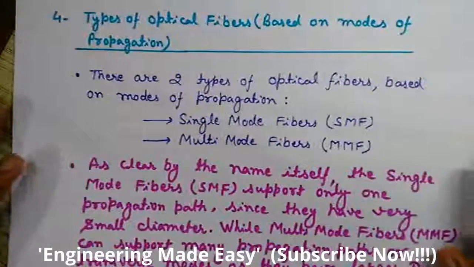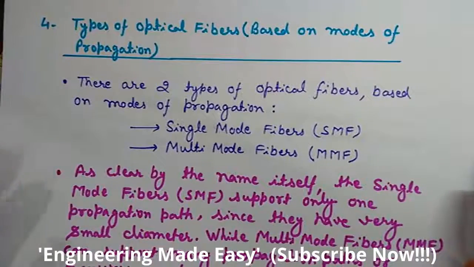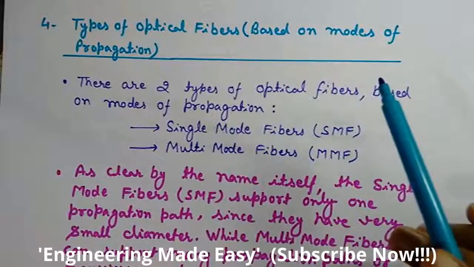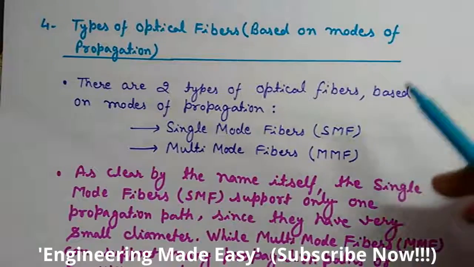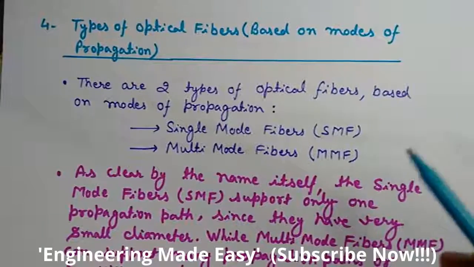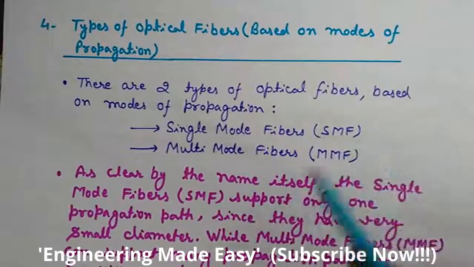Now let's discuss various types of optical fibers. We will discuss the optical fibers here based on the modes of propagation. There are two types of fibers based on the modes. Modes means the various paths, how the light ray moves inside the optical fiber.